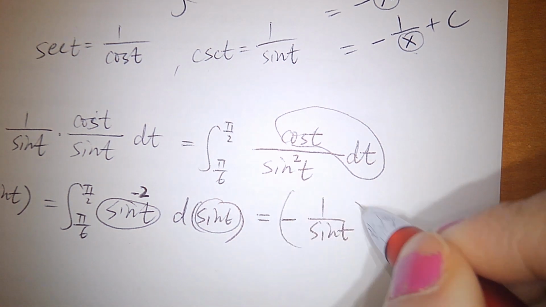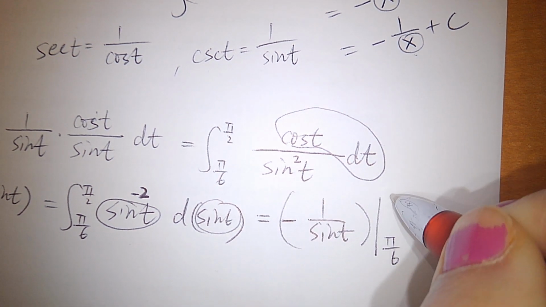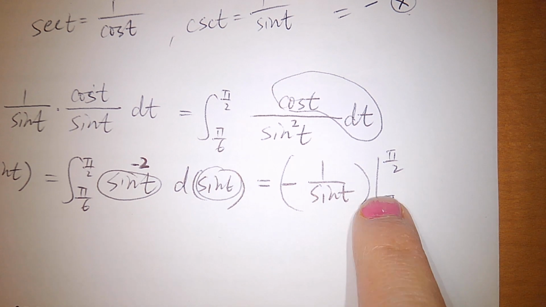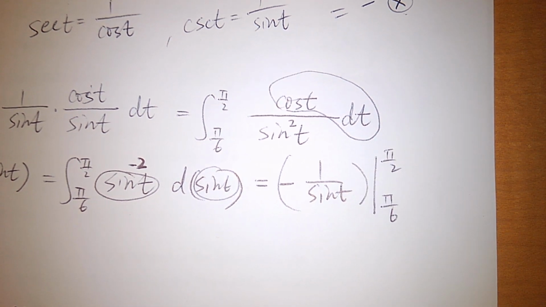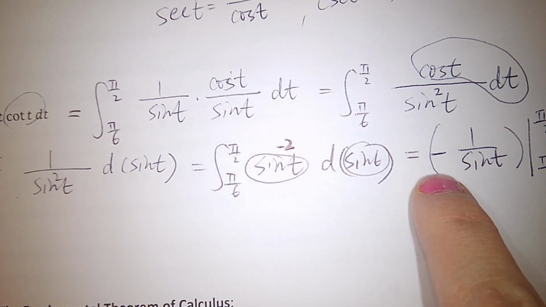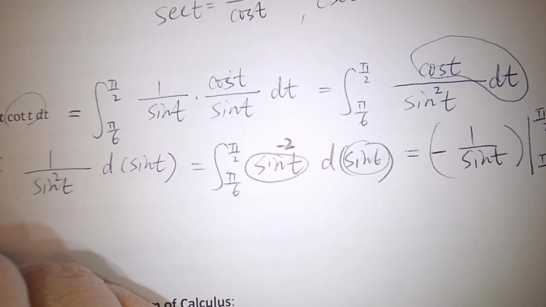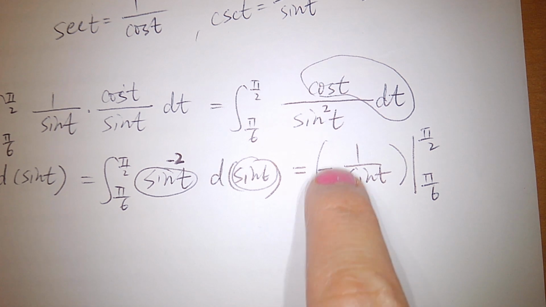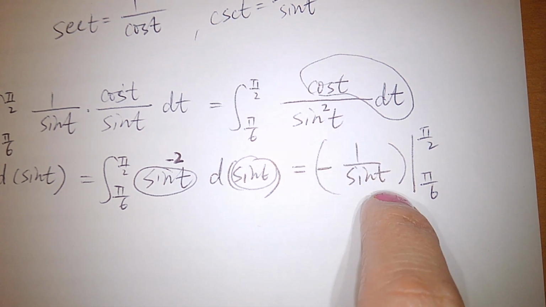We're going to evaluate from what? Pi over 6 to pi halves. Okay, this is capital F. Now we only need to evaluate, and we write it here, okay? Negative 1 over sine of what? Pi halves, right?